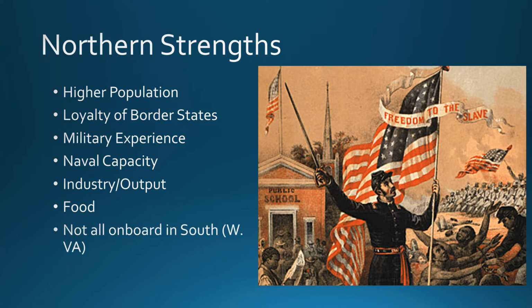Finally, another thing that I want to mention here that is significant is that not everyone in the South is going to be as gung-ho on secession and the Confederacy as the hardcore secessionists. Because of that, there really isn't total loyalty from all the population.